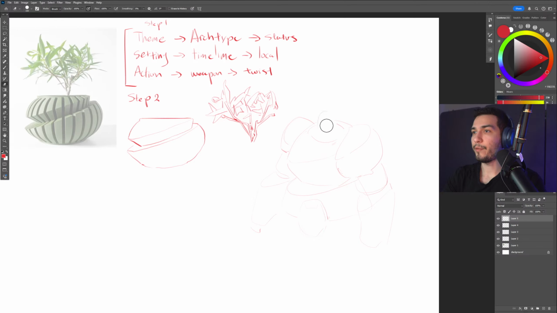And even if we wanted to get more direct, this could be a tree knight, like an alien tree life form takes hold of their prey, and they basically turn into this almost tree-like knight, right? Or this could be a tree spirit of some sort.